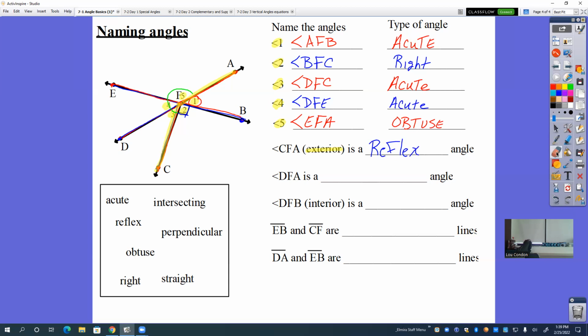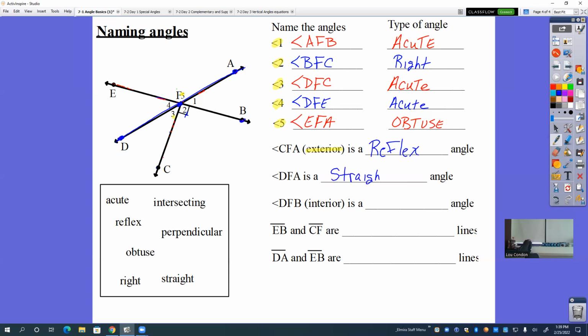Okay, we're getting a lot of colors on here, so I just don't want it to be confusing. As we continue, angle DFA is a straight line, so therefore it's exactly 180 degrees.